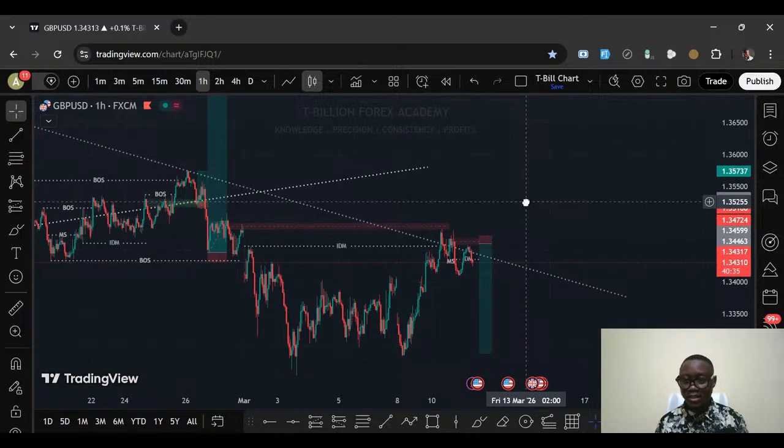That is not to say I can't take a buy opportunity when I see a structure that aligns with my trading strategy. Of course, I will take buy opportunities where applicable. But it is always recommended and advisable you take trades in the direction of the prevailing trend, I mean, the overall trend.